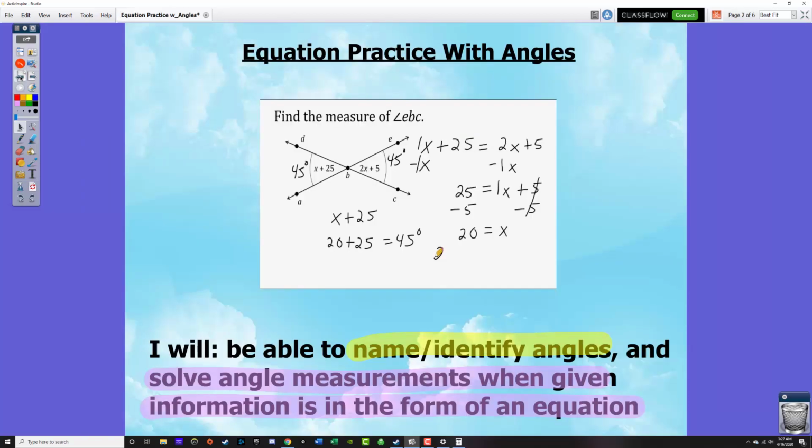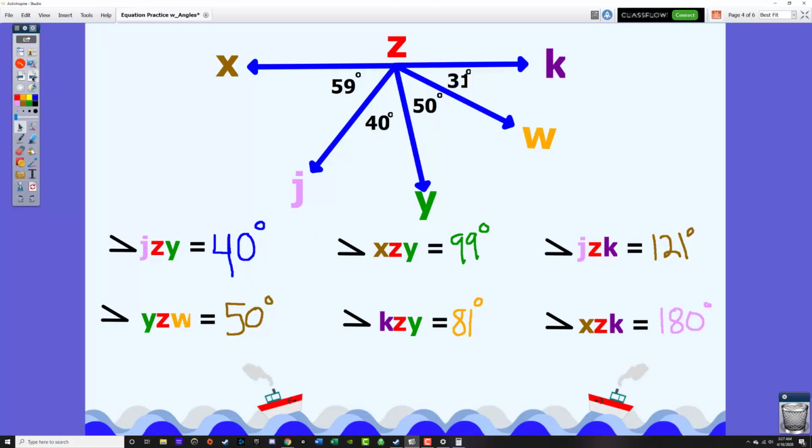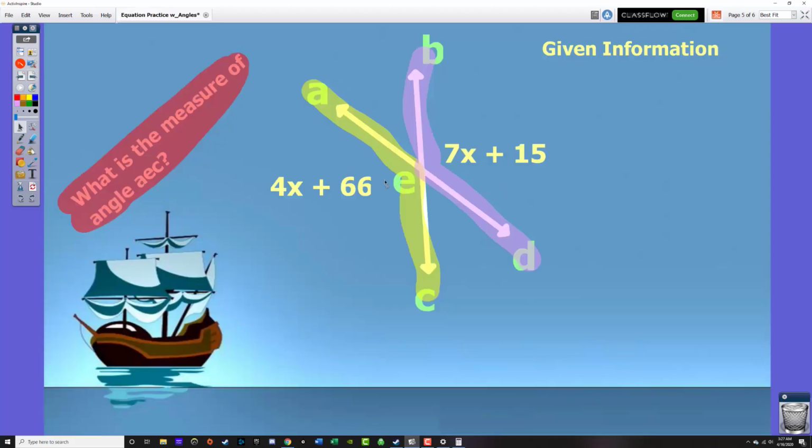Well, from our bell ringer, we know that vertical angles are congruent. So whatever this equals, that's what this equals. Congruent, remember, is a fancy way of saying that two values are equal to each other.